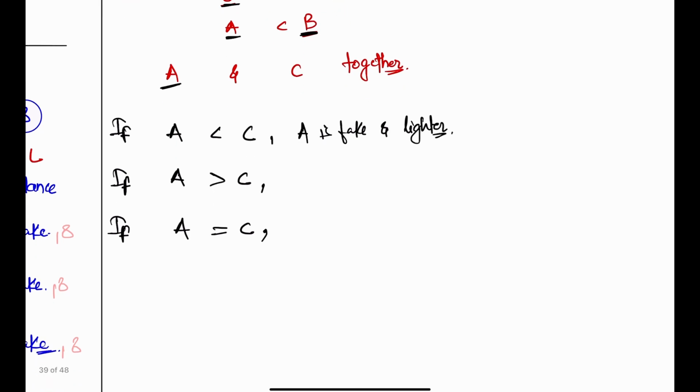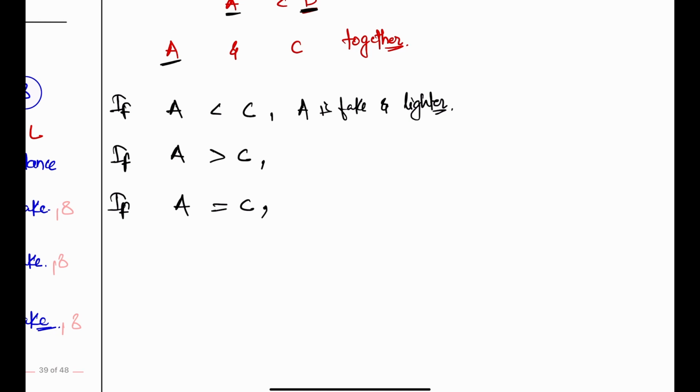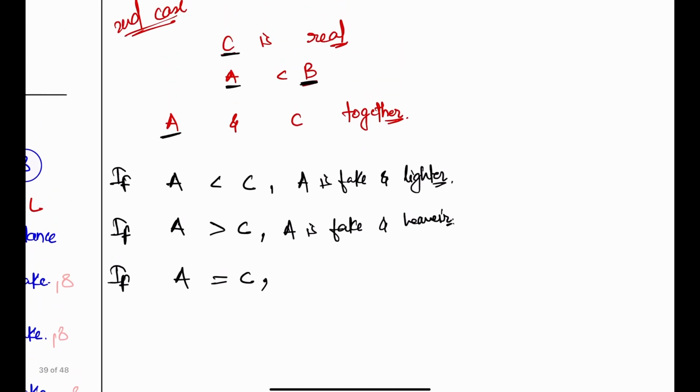And again, if greater, I can say that A is again fake, and heavier, because we are comparing. Third one: what will happen if A is equal to C? Which means this B is fake. If A is equal to C, this is also real.